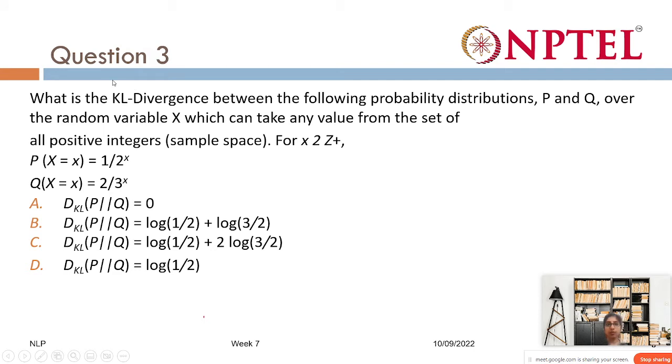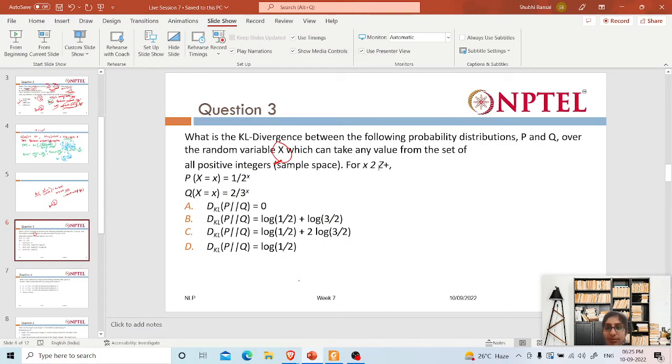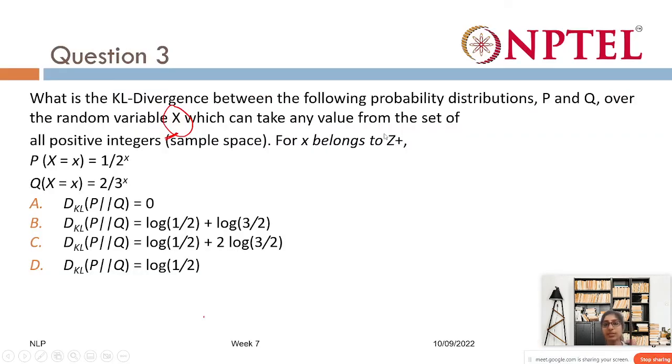So this is the question for finding the KL divergence between two probability distributions. The random variable is given as x here, and read this symbol as x belongs to, like this. x belongs to positive integers, which means that x can go from 1 till infinity.